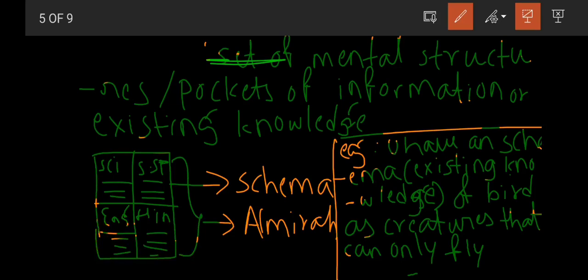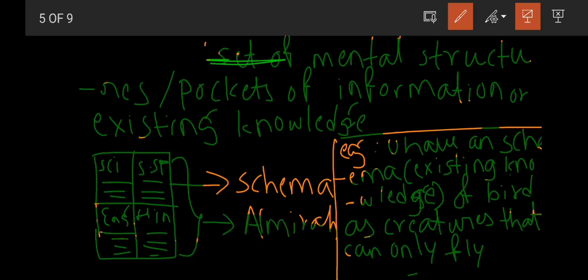In the first section, the knowledge or information of science is present in our mind. In another section, the knowledge or schema of SST is present. In another, the knowledge or schema of English, and in another, the knowledge or schema of Hindi is present in our mind.